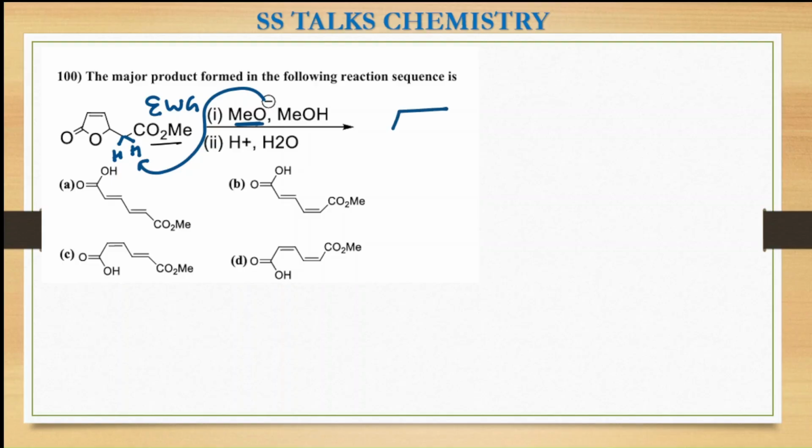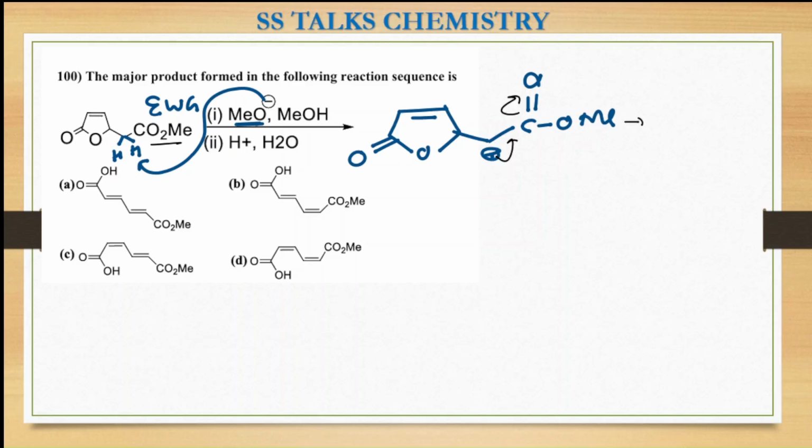So this species you will be getting over here, that is this one. Here the carbonyl species is present, and here I'm opening this ester group that is given to us. So now the negative charge has been formed on this carbon center, which is stabilized due to the resonance. That is why I said that this electron withdrawing group will be stabilizing this particular carbon center.